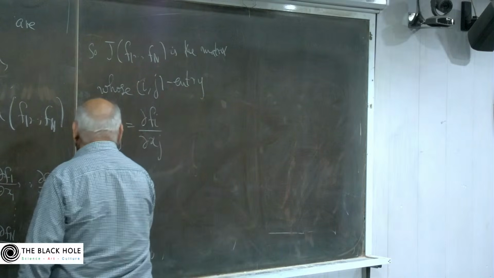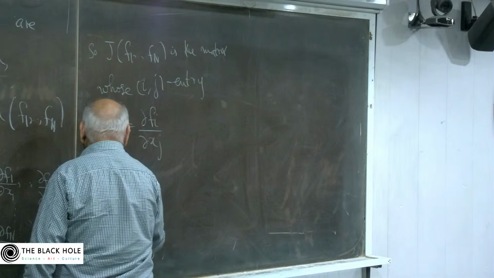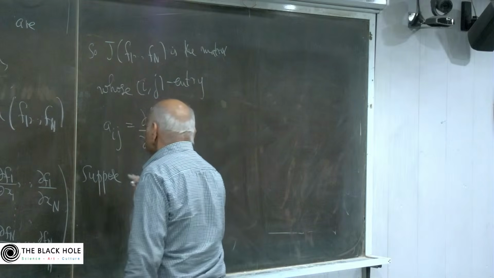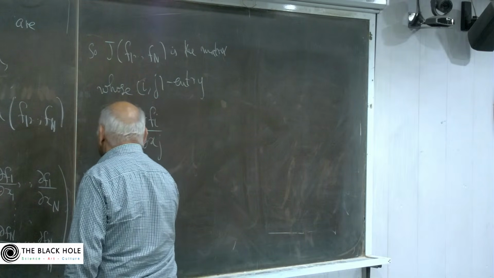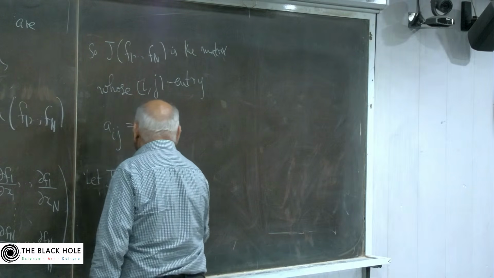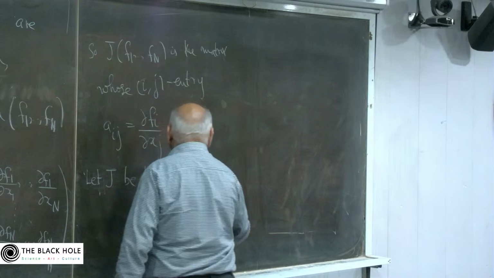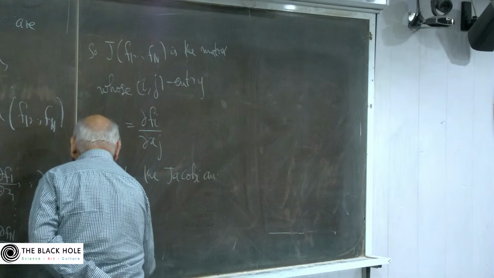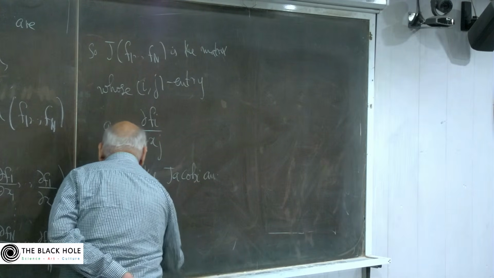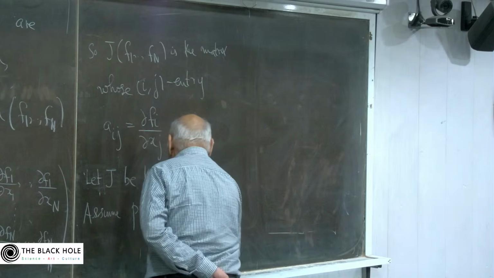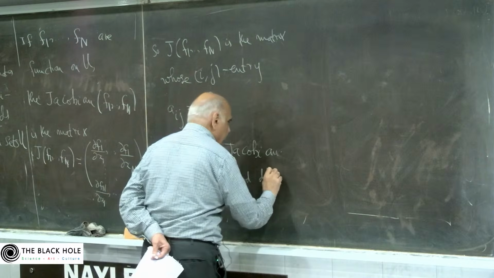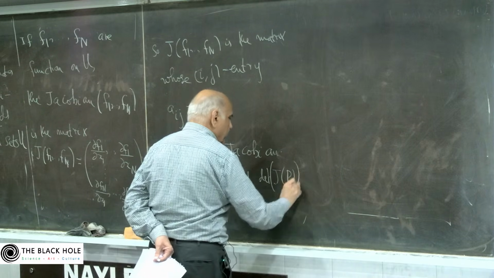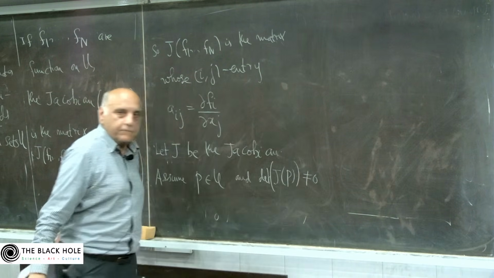Now suppose that, let J be the Jacobian. Assume P is in U and the determinant of the Jacobian at the point P is not 0. Okay.